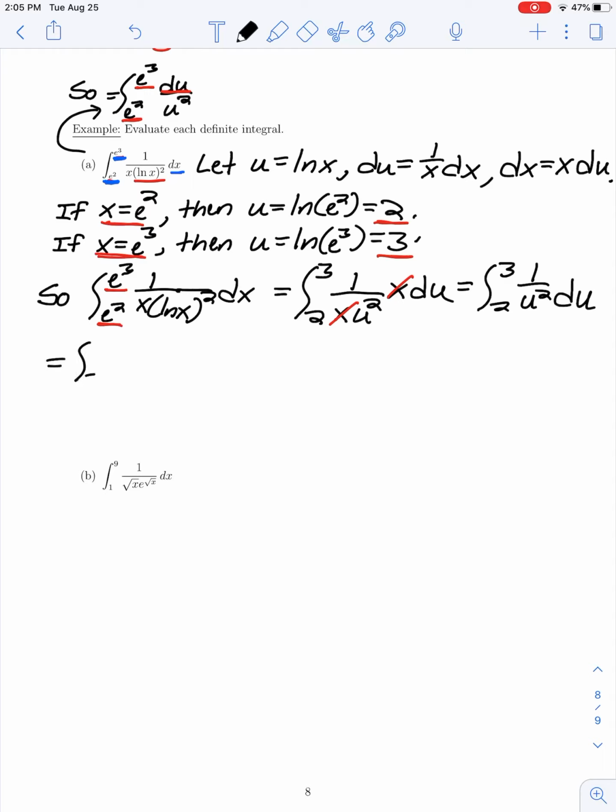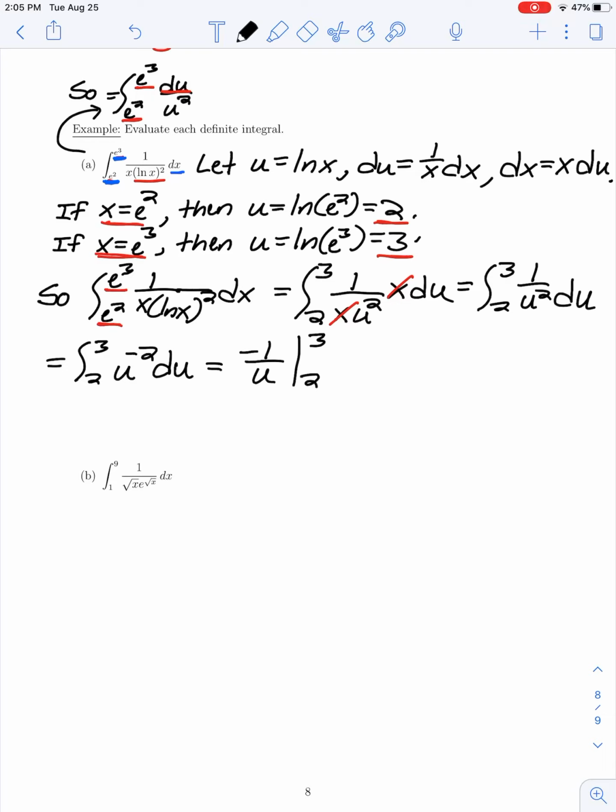If you prefer, you can rewrite it as u to the negative 2 power du. And it follows from the power rule that the antiderivative would be negative 1 over u, which we then evaluate from 2 to 3. So a couple of comments here.